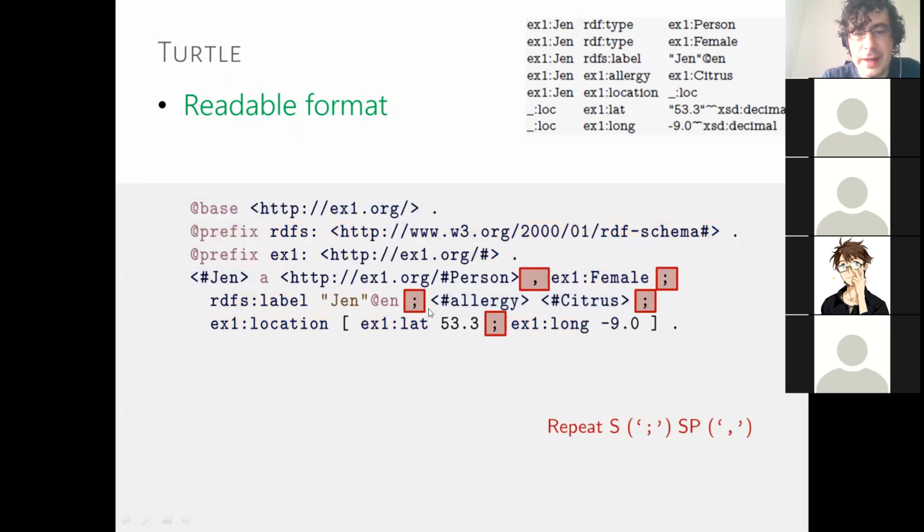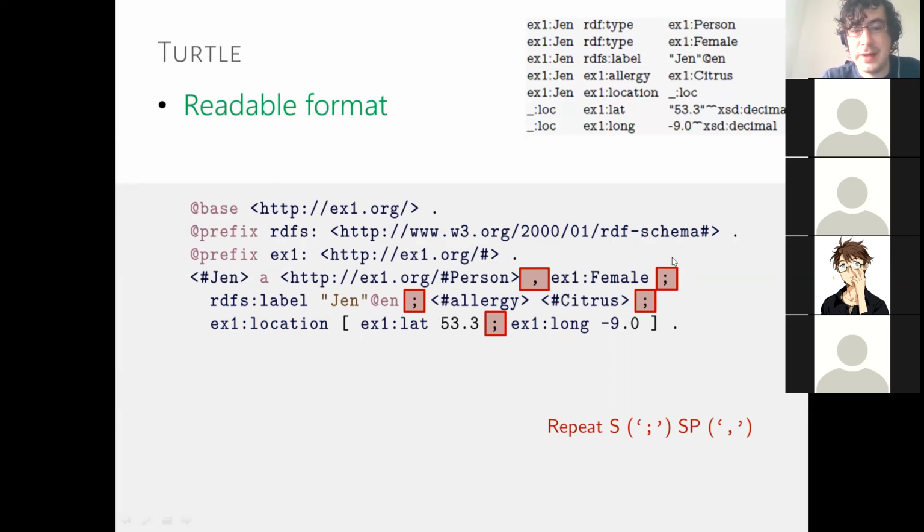Oftentimes when we're defining something, we'll be defining gen, and we'll define multiple triples about gen. So with a comma, we can give another object. Essentially, it says repeat the previous subject and predicate, which is rdf:type, and then give another object. So this is like subject, predicate, object, object, object, right? The semicolon says repeat the previous subject only.